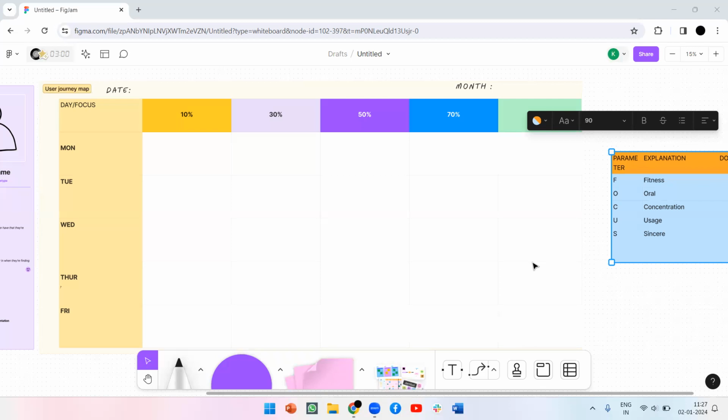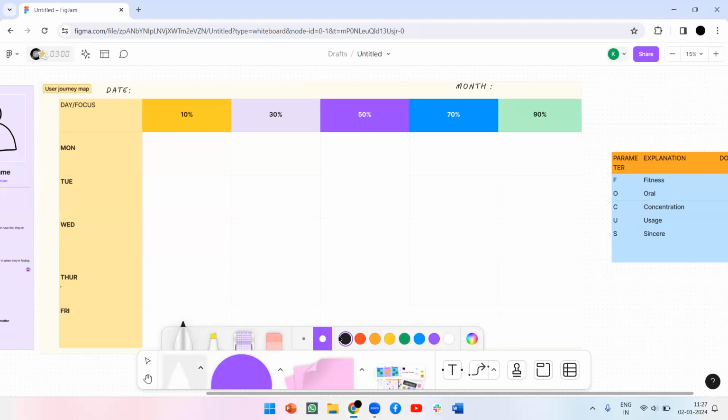So let's get started. Once we join as a new teacher and we don't have any prior experience, this chart will be helpful for us.